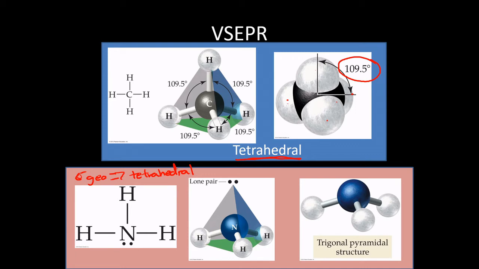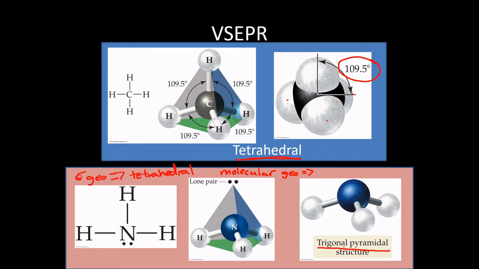What will change is the molecular geometry. Because again, the molecular geometry only takes into account the bonds. So the molecular geometry is now going to be called trigonal pyramidal. And I'm not going to write that name out, it's just right here.